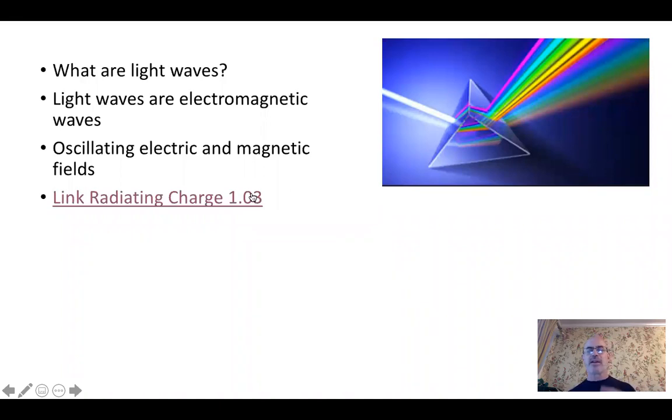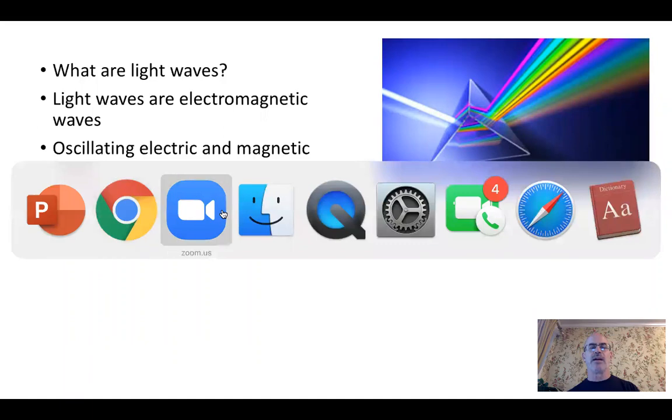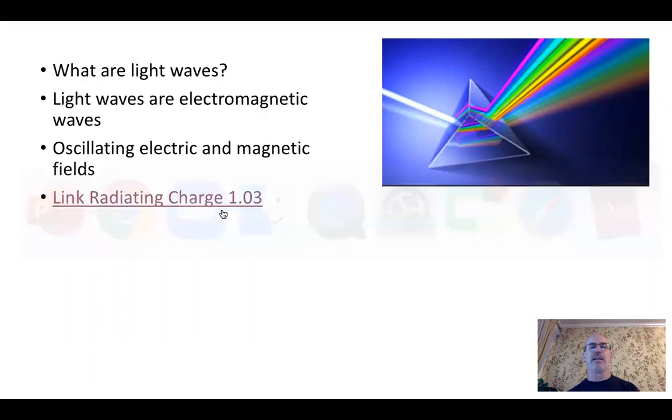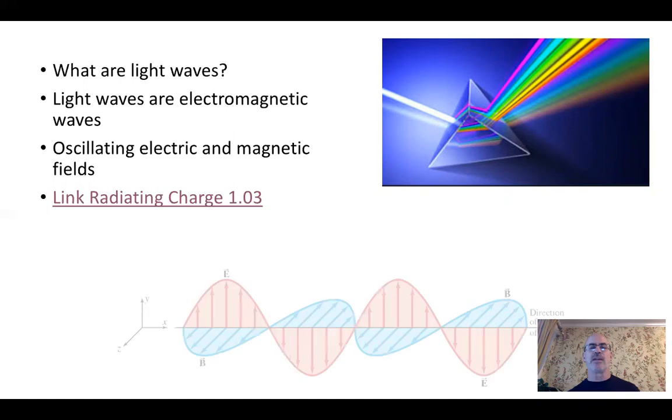So it's sort of like a circle: the changing of one produces the other, and the changing of that produces the first. Watch more about this on the link I gave you if you're interested.